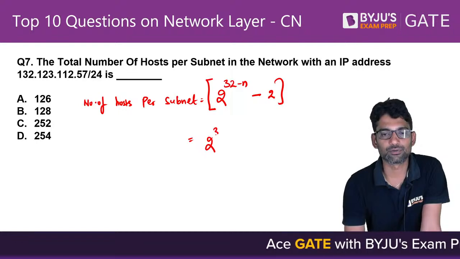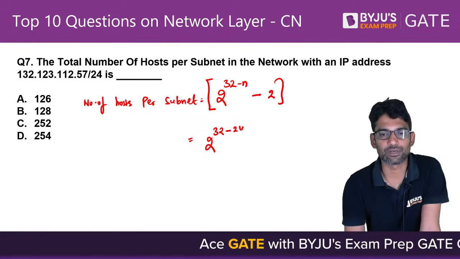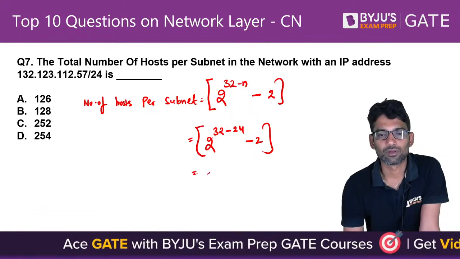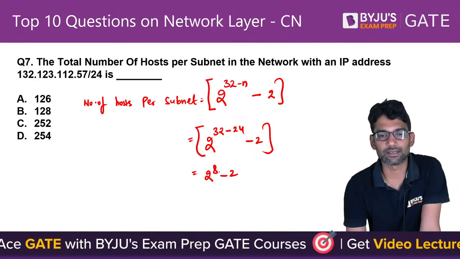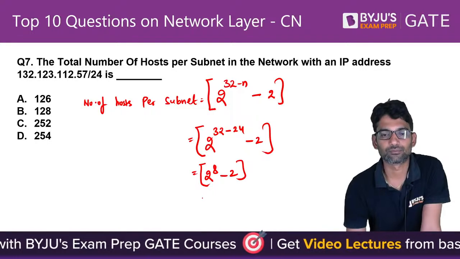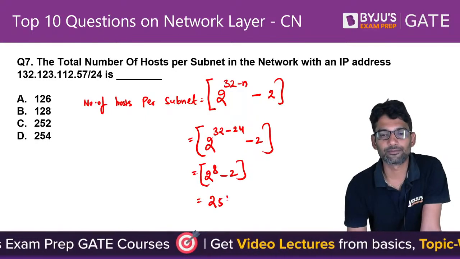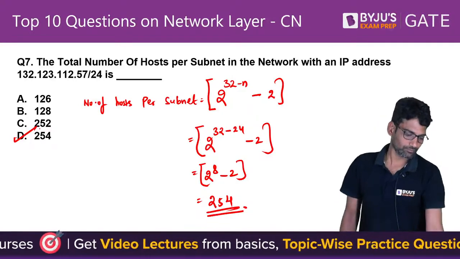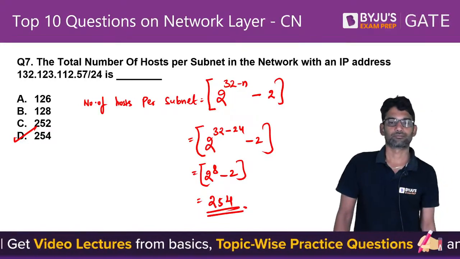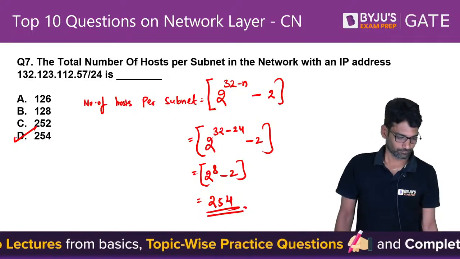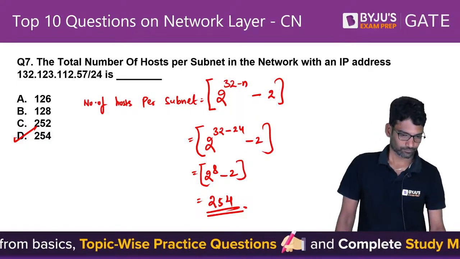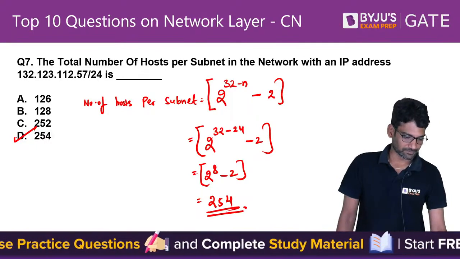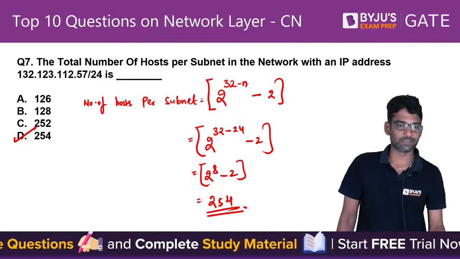So this is 2 raised to 32 minus 24 minus 2. 2 raised to 8 minus 2, 254. Correct, Aarti. Dushyant. Shubham, it's not A, it is D.